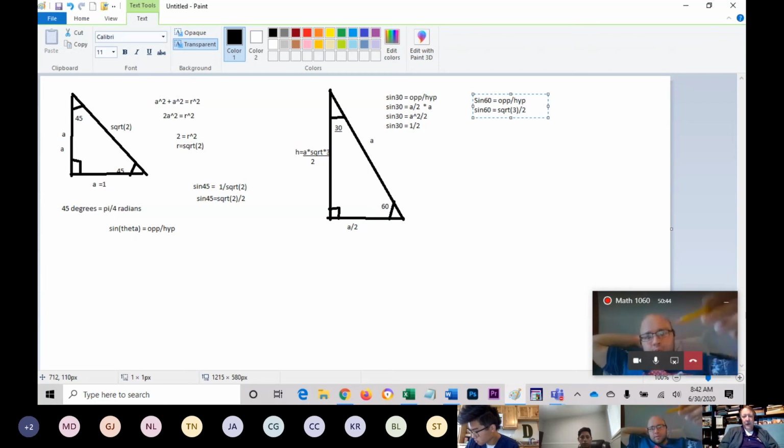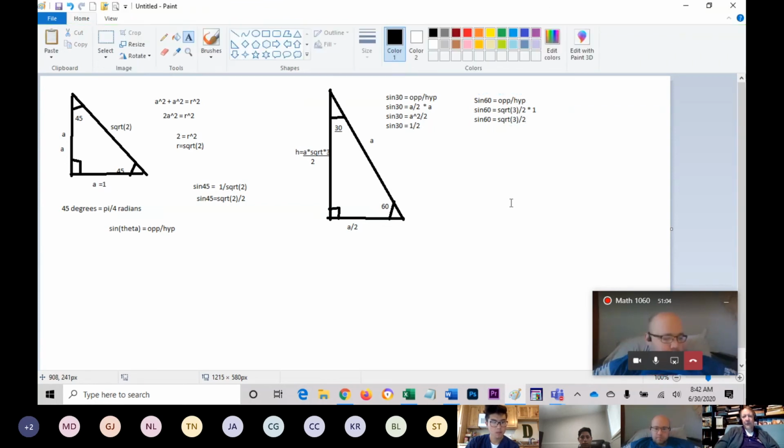And then you just multiply it by 1, right? Because our hypotenuse is also 1. Okay, so in this case, the sine of 60 degrees is going to equal the square root of 3 over 2. Okay, perfect.